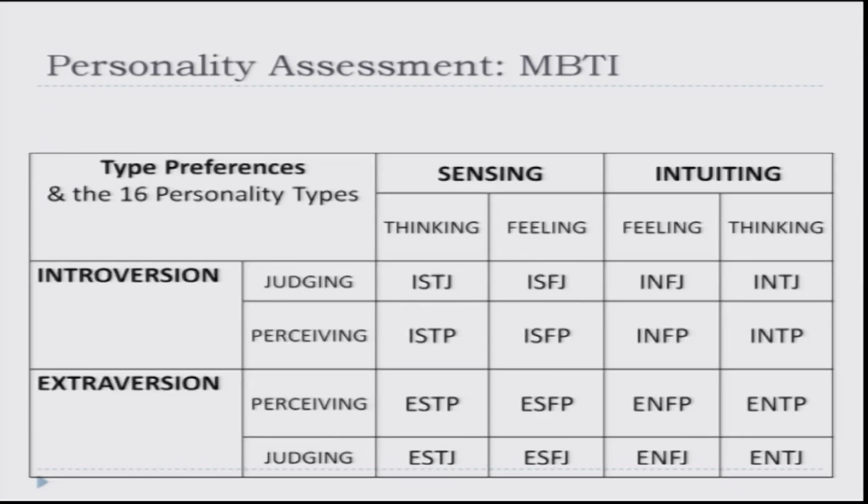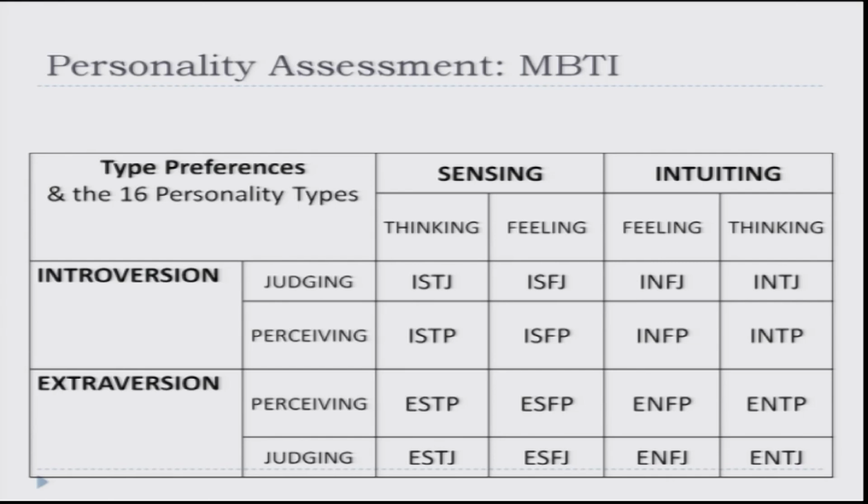Now, look at the type preference. The first possibility is ISTJ. I stands for introversion, S stands for sensing, T stands for thinking, and J stands for judging. So, you have a combination of introversion, sensing type, thinking, and judging type. This is the type preference.